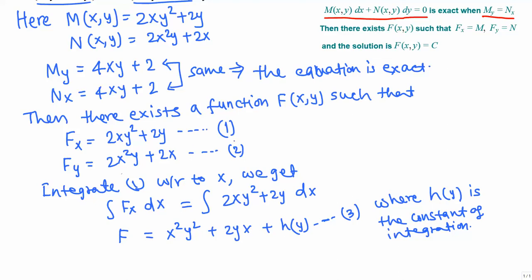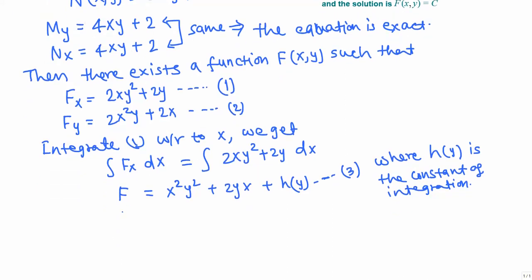Now look at equation 2. Equation 2 is the partial derivative of f with respect to y. So let's find the partial derivative of f in 3 with respect to y and compare with 2.